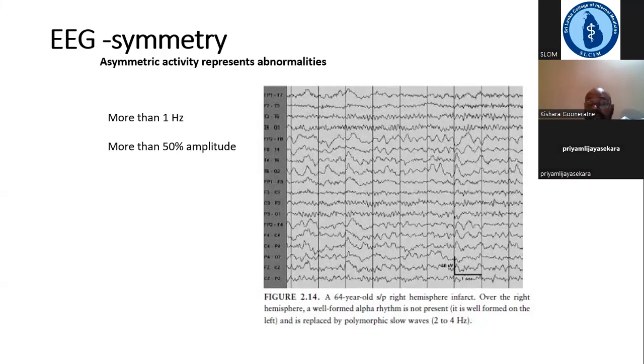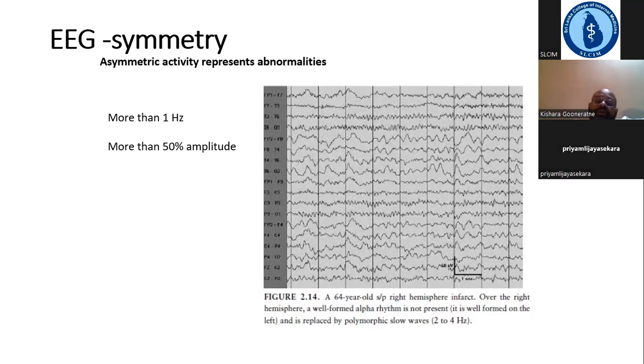The second indication for an EEG, especially in the setting of epilepsy, is to classify whether the seizures or the epilepsy are of focal onset or generalized onset, and to give a syndromic diagnosis to the epilepsy.